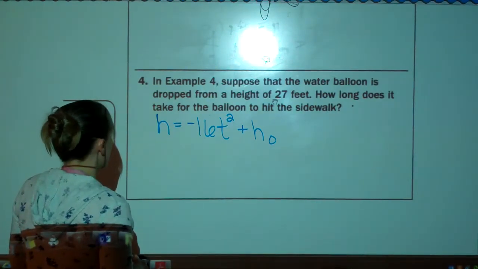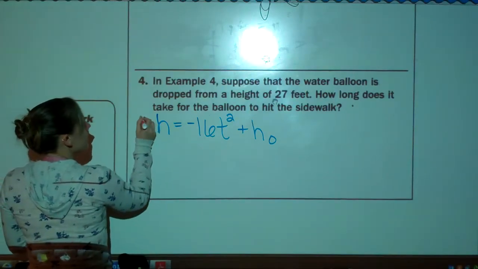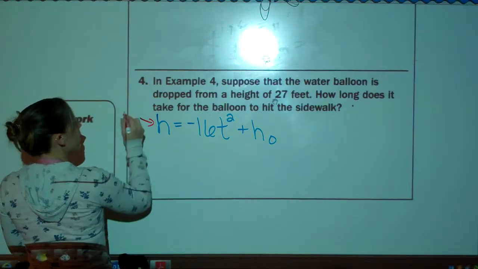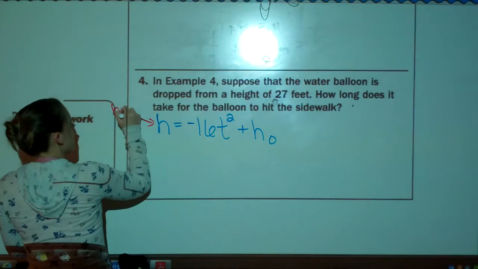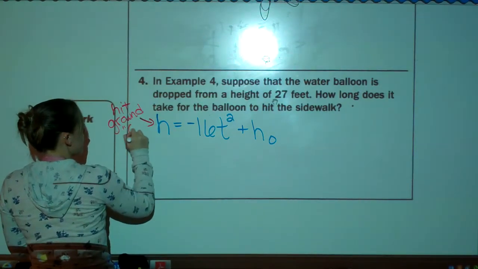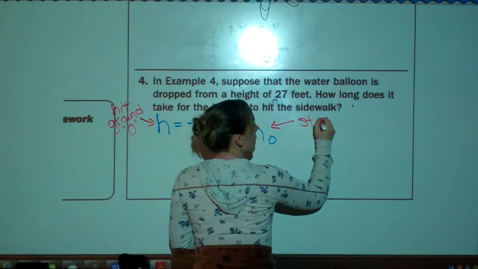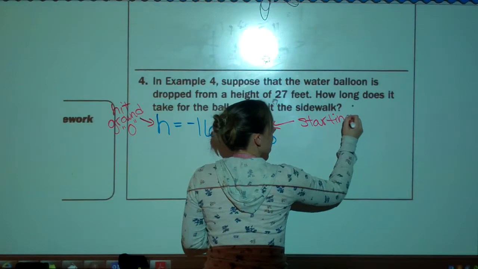So, let me put that down. This is where we hit the ground. So that's 0. Okay, and this is our starting height.